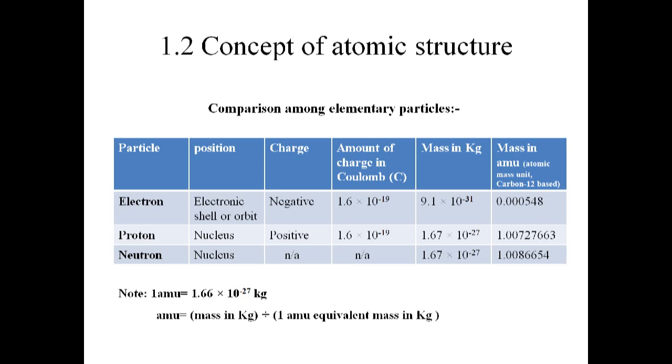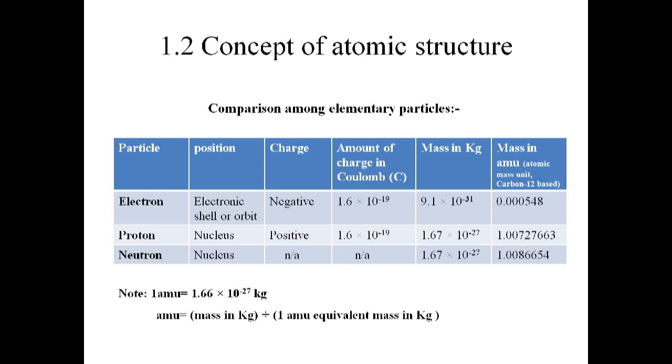If we convert the mass of the electron into AMU, the atomic mass unit, the value is 0.000548 AMU. The mass of the proton is 1.00727663 and the mass of the neutron is 1.008664. We must remember that 1 AMU is approximately equal to 1.66 × 10^-27 kg.